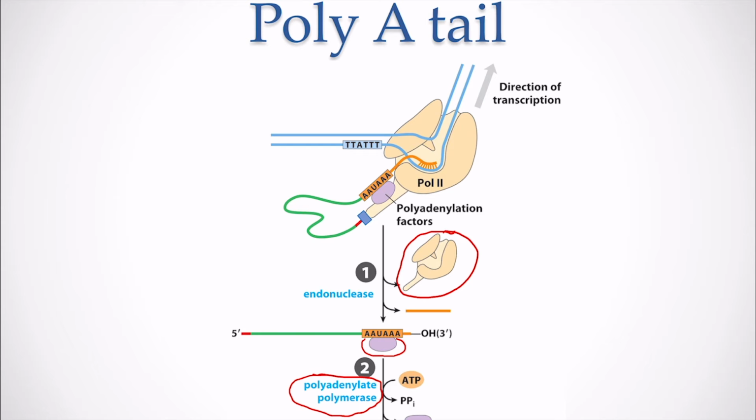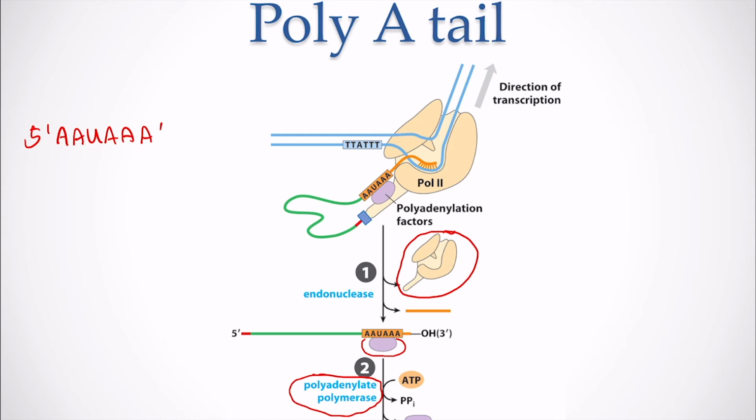Now, the transcript for polymerase 2, the transcript that is going to be upstream that recruits the polyadenylation factors, is going to be a 5' AAUAAA sequence. And this is bound by the enzyme complex.